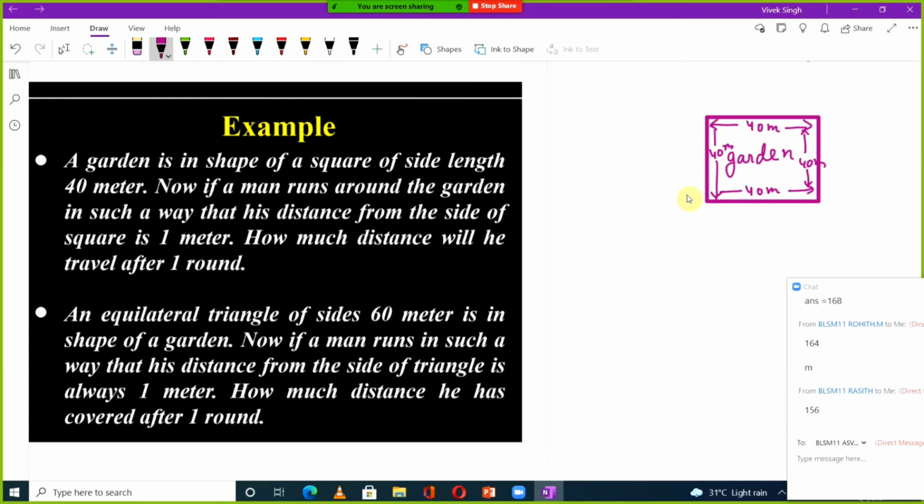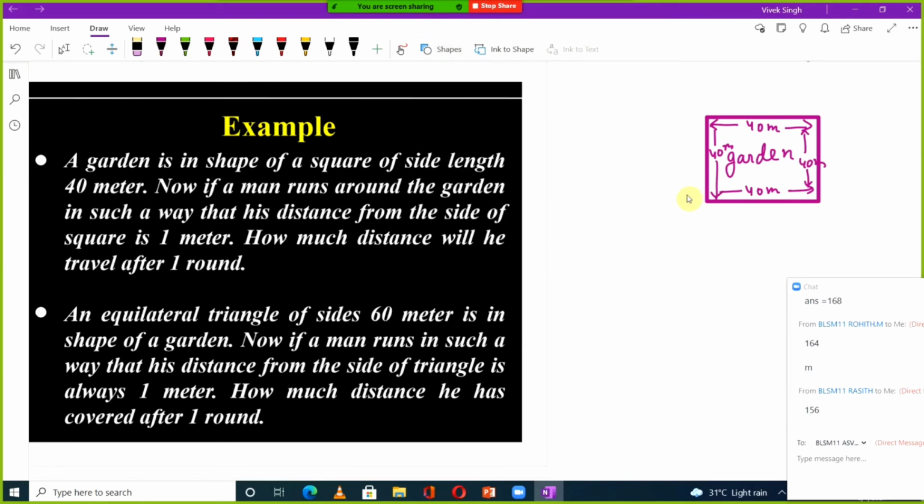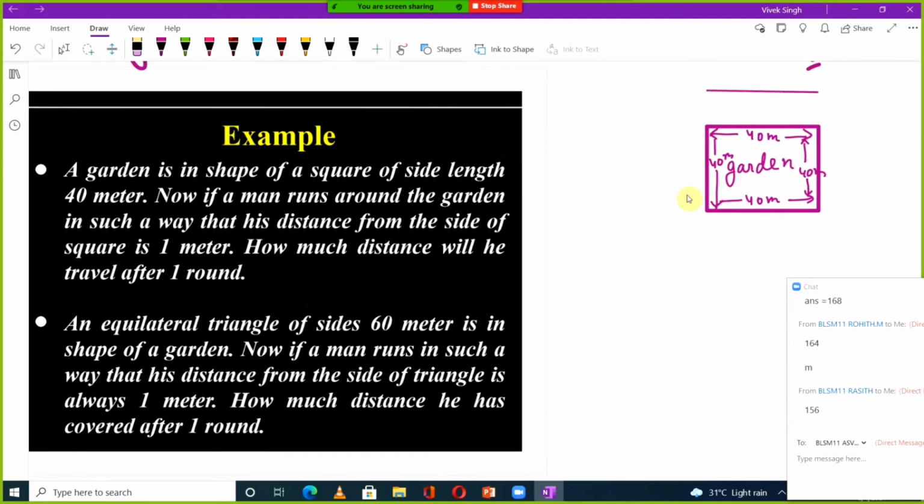Okay, so after that what they are saying: now a man runs around the garden in such a way that his distance from the side of the square will be 1 meter. So he will move around such that his distance will be like this. Let's say we will start from here. It will move like this.